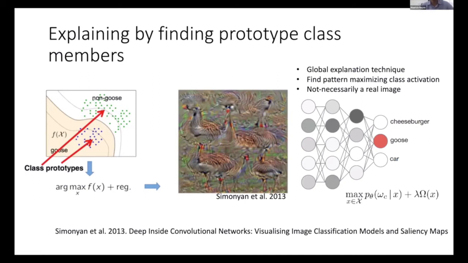You can see there are some aspects of a goose, right? People call this deep dreaming in the literature of interpretability. So this is a neural network's internal view of understanding or perception of what a goose is. And let me show you other examples.